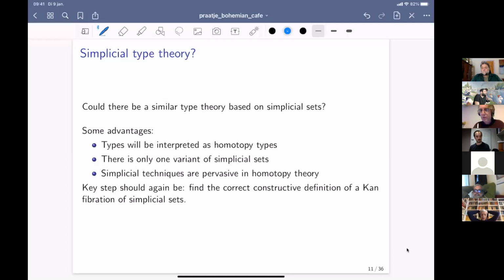So if you want to connect to that, then it is interesting to look at simplicial approaches. If we want to do something similar for simplicial sets, the starting point should be the correct constructive definition of a Kan fibration in simplicial sets. And then I'm back to where I was in the introduction. Why are we interested in this particular question?